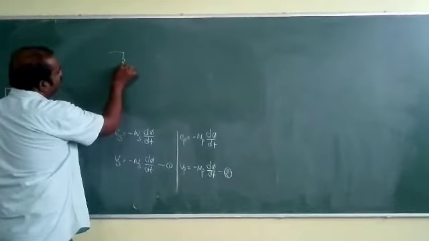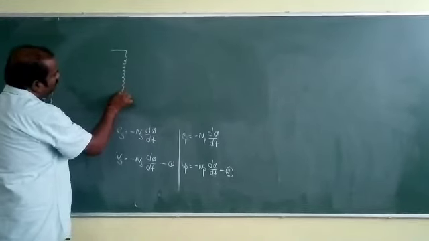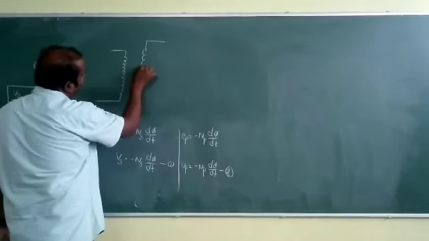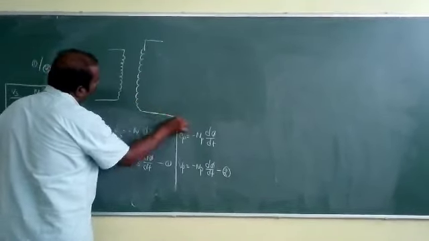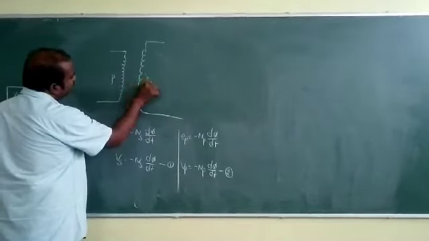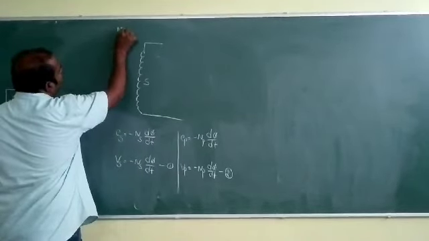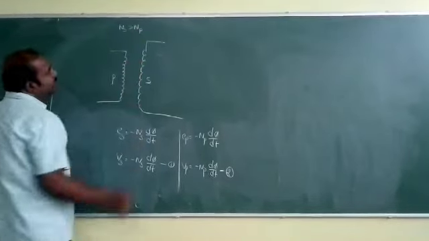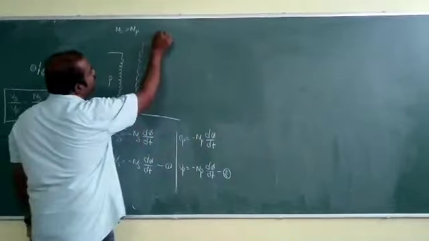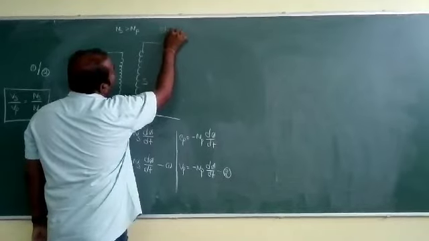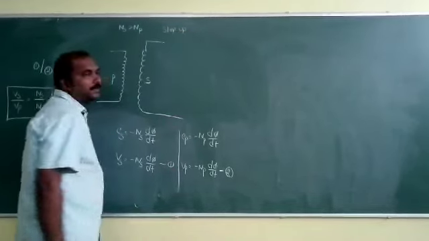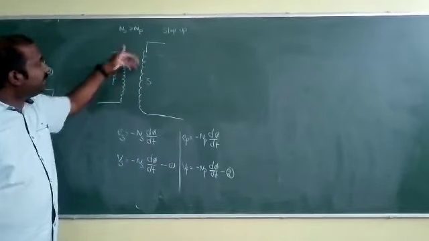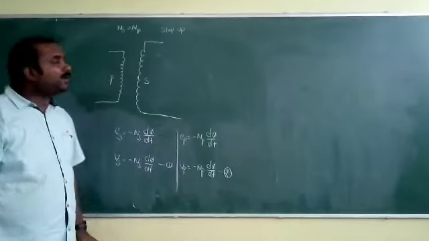Similarly, this is the primary coil and this is the secondary coil. If the number of turns in the secondary is greater than the number of turns in the primary, such a transformer we call a step-up transformer.